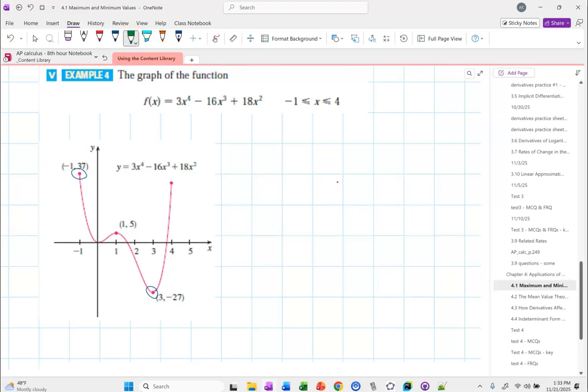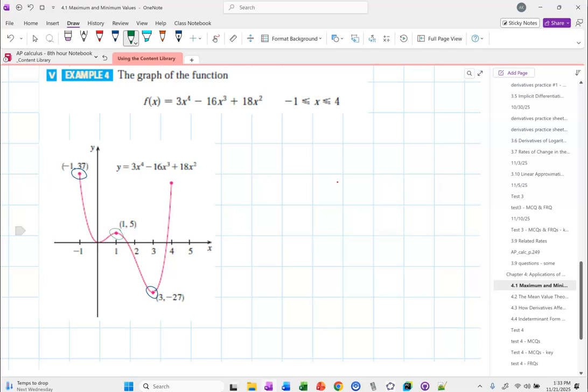And your local max, any local maximums? 1,5 is the only local maximum. The endpoints can't be local because of the way that it's defined. This has to be an open interval, and I can't pick something over here next to it, right?